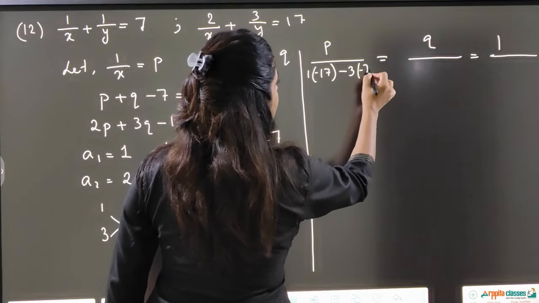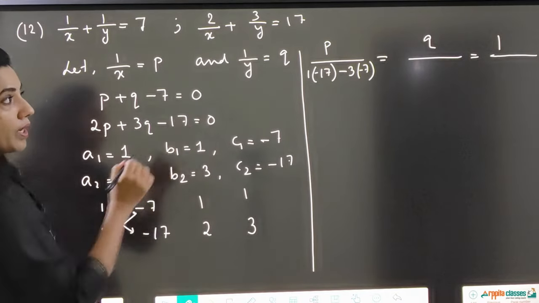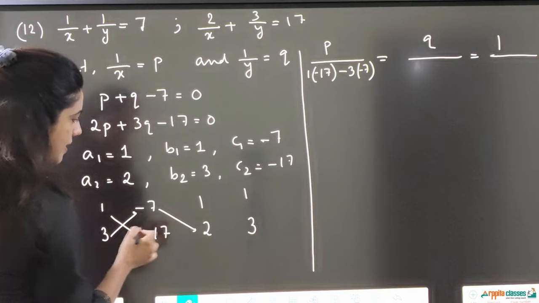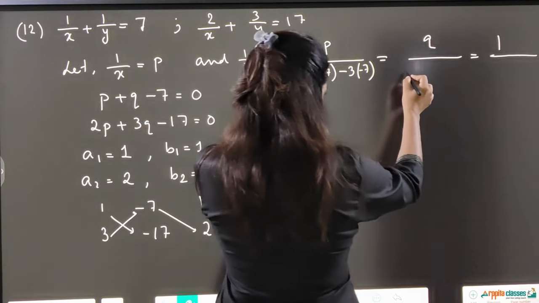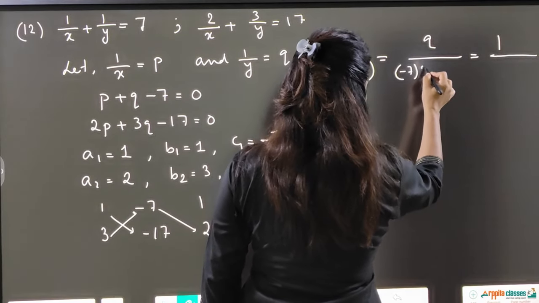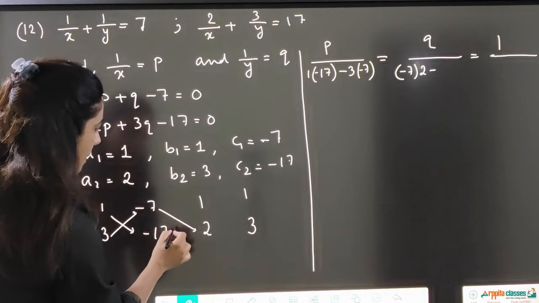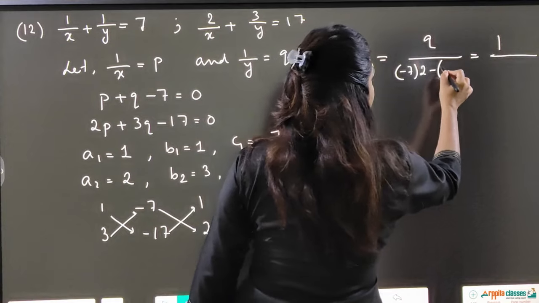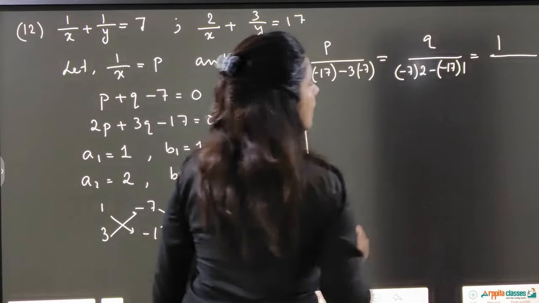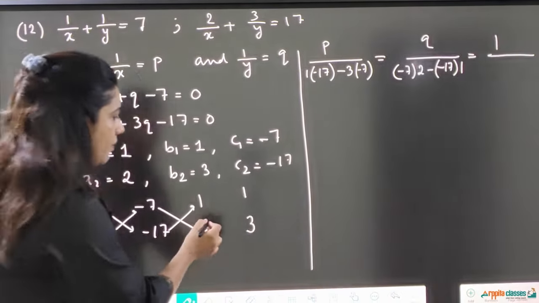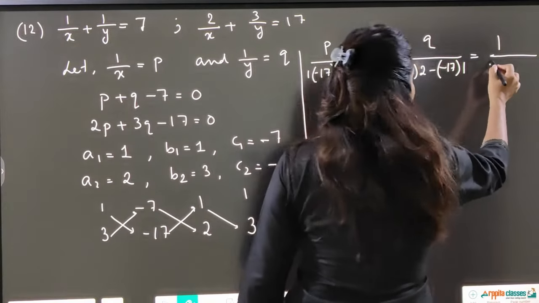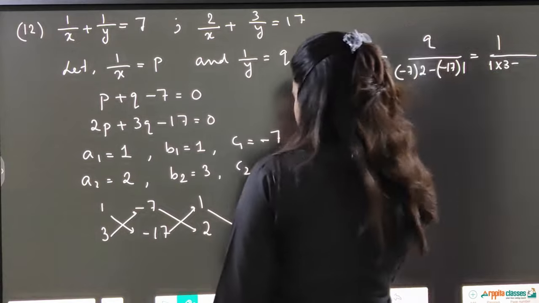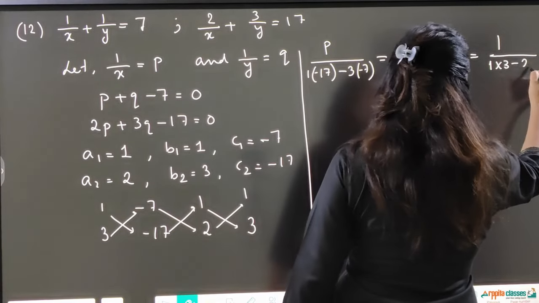Now q upon, that will be minus 7 into 2, a minus sign in between, minus 17 into 1. Now 1 upon, it will be 1 into 3 minus 2 into 1.